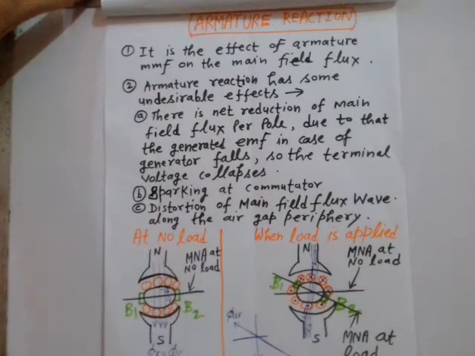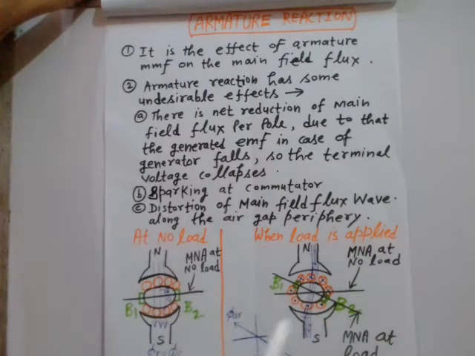Under the influence of the north pole, all the rotor conductors will have cross polarity for clockwise rotation of the generator, and the armature coils under the influence of south will have dot polarity of induced EMF or induced current.